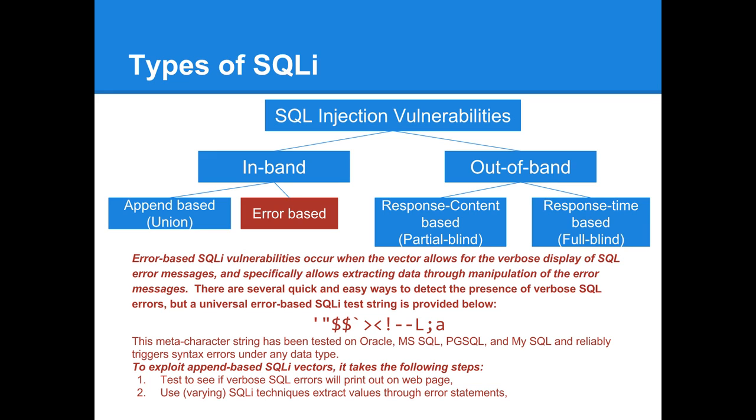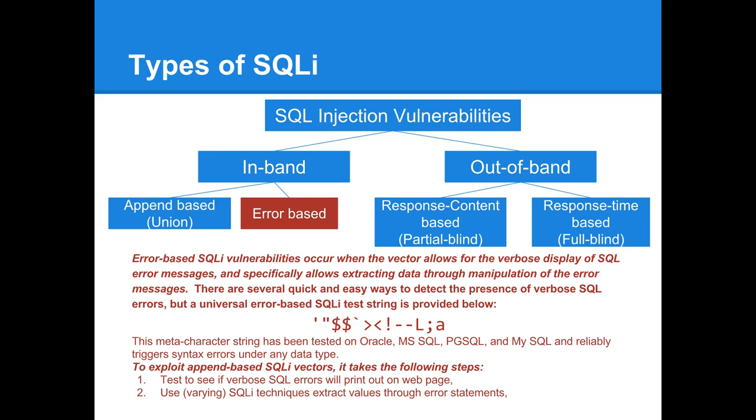The goal for an attacker, if they're trying to extract data through an error-based vector, is to try to manipulate the error messages to return results through. There are several quick and easy ways to detect the presence of verbose errors, but we've listed a universal error-based SQL injection test string below that should work on MySQL, Microsoft SQL, PostgreSQL, and Oracle SQL databases, and to trigger a reliable syntax error for any data type.